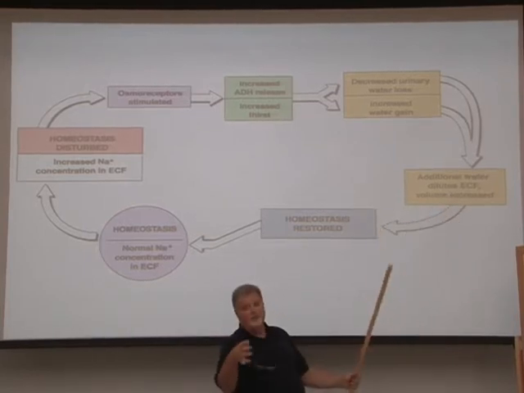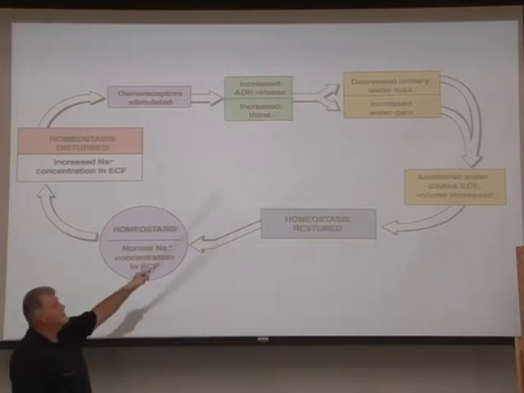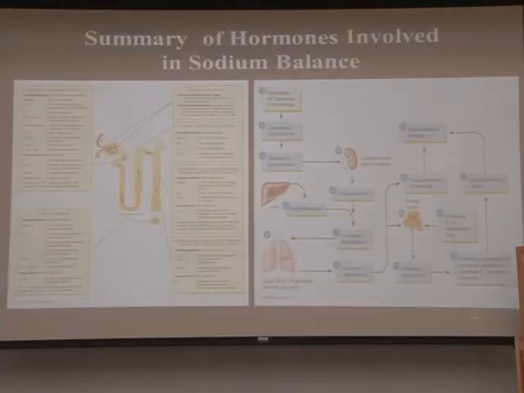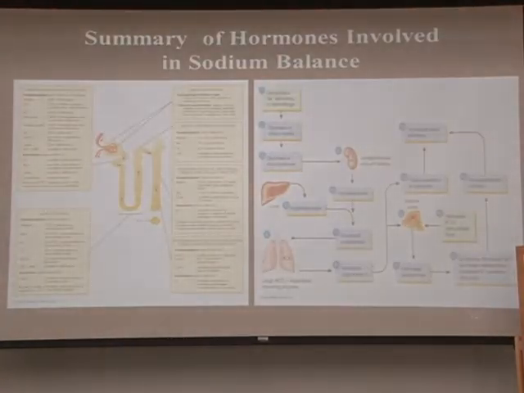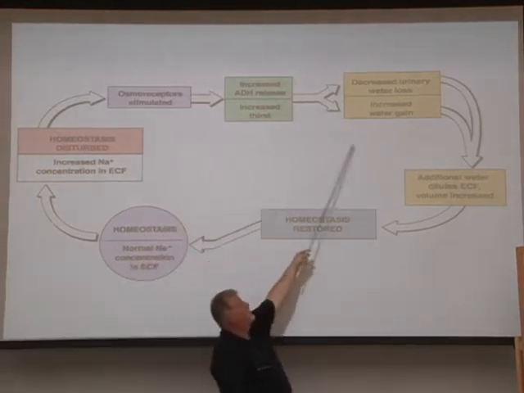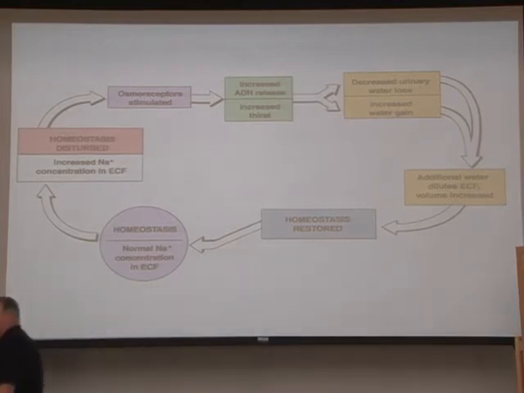Or if we can get rid of salt, we could do that. But in this instance, remember one of the things that was there was intense thirst. So what the patient would be doing is they have intense thirst, they drink a bunch of water, it dilutes the sodium, and we're back to homeostasis.